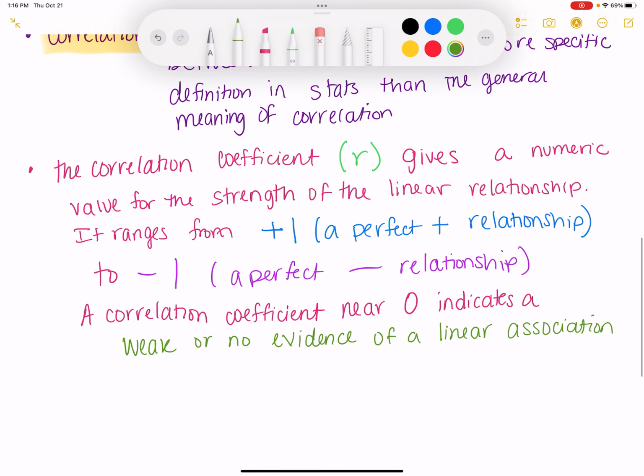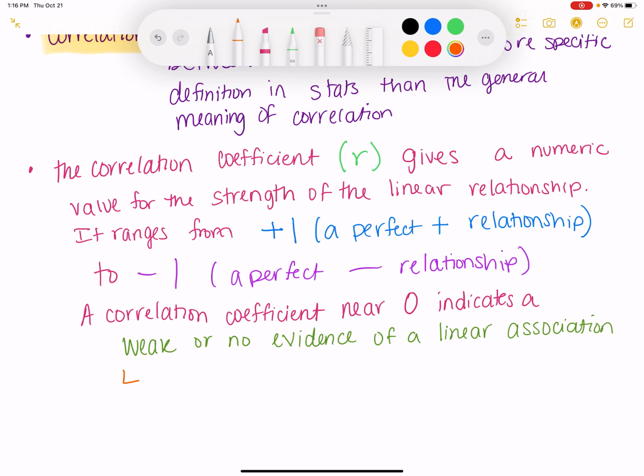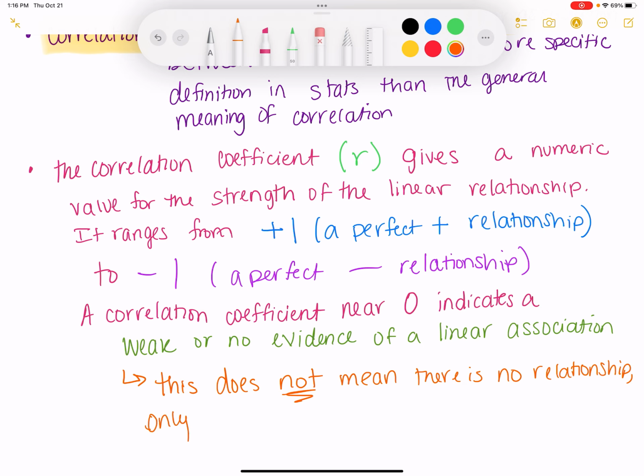Okay, notice something about the correlation coefficient. With R near 0, this does not mean there is no relationship, only no linear relationship.